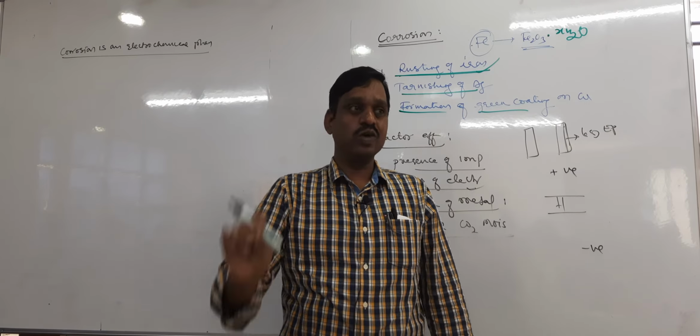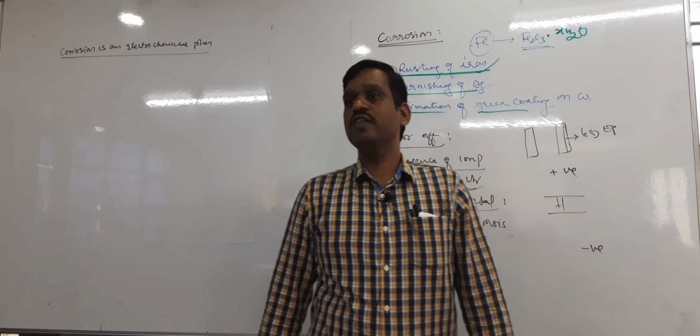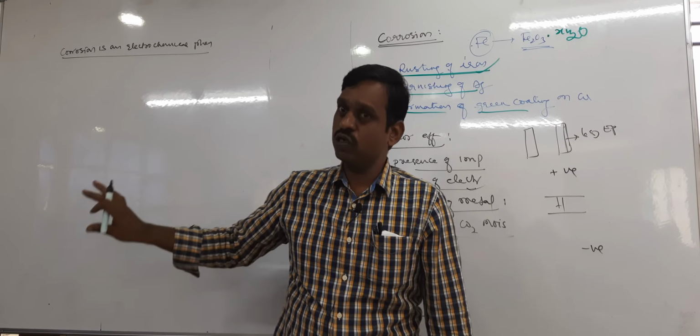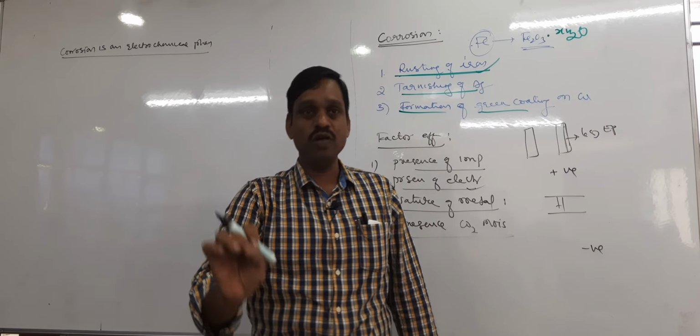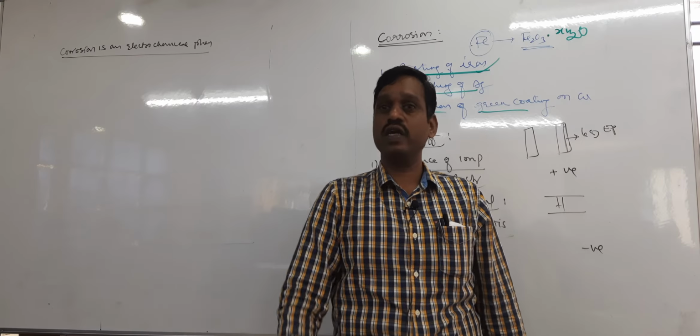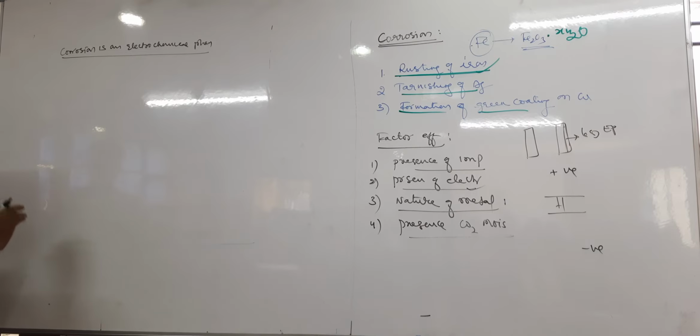So corrosion, or rusting of iron, is an electrochemical phenomenon. Questions can be expected here: which reaction takes place at anode, cathode, and what is the electrolyte, and so on. Now let us see how rusting of iron is an electrochemical phenomenon.